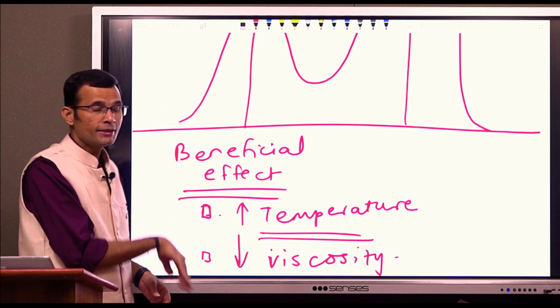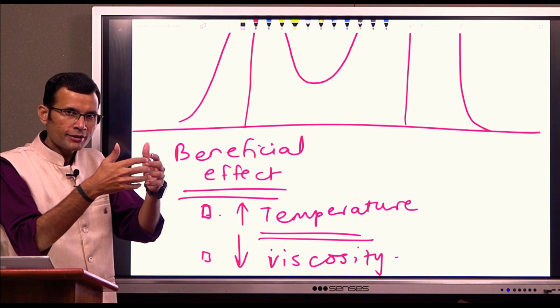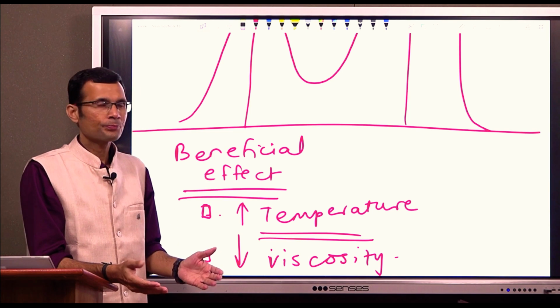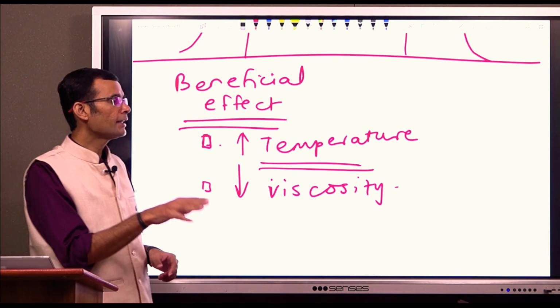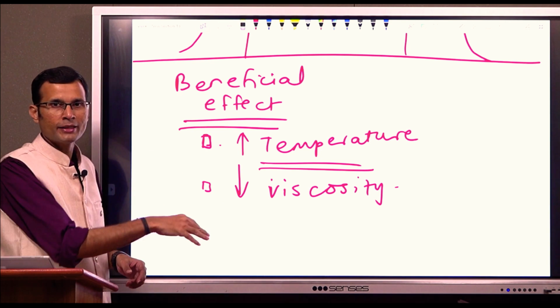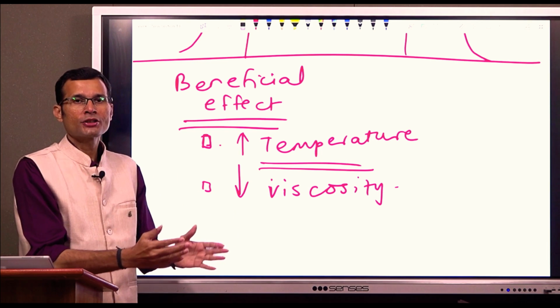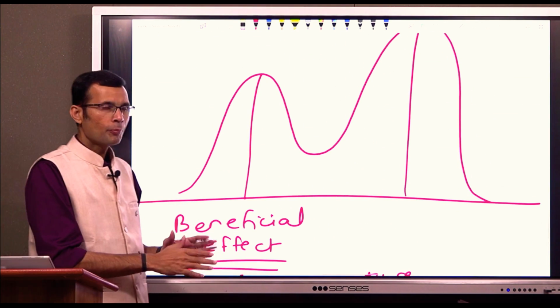And if the viscosity has decreased, then the second contraction, the second sliding of the thin filaments, will become easier. So decreased viscosity of the sarcoplasm, the cytoplasm inside the muscle fiber, will automatically make the second contraction stronger. This is the so-called beneficial effect.